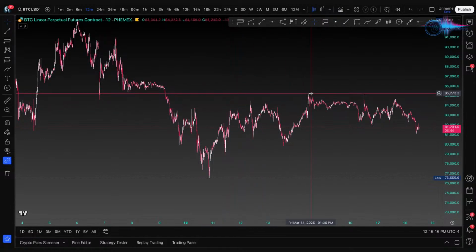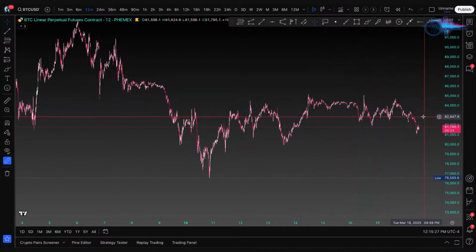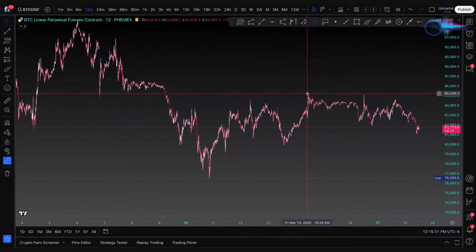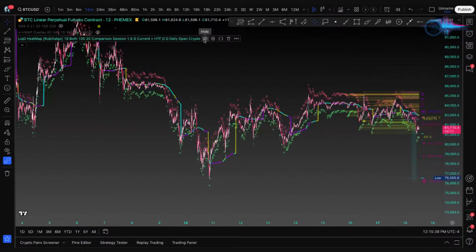So, for instance, this high here, a lot of people would look at that as a double top. I look at it as a reason to go back up to this point. So above these highs here is stop losses. I don't know if this will show it or not. Let's see. So this may crash the whole stream.